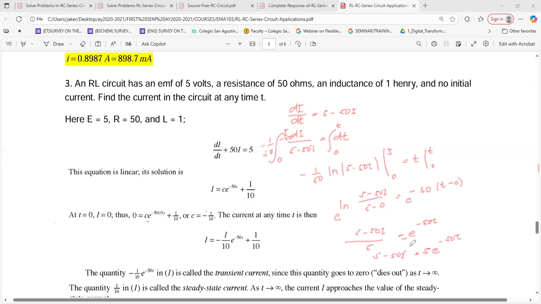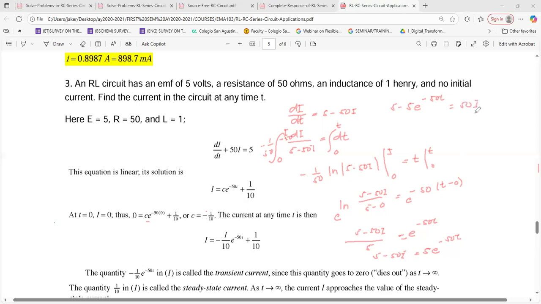Our goal here is to have an expression for the current in terms of time. So I will transfer this 50I to this side and this one I'll transfer here. So you will have 5 minus 5e raised to negative 50t. Transferring this expression on the left, that would be negative. And I will transfer the 50I here on the right.